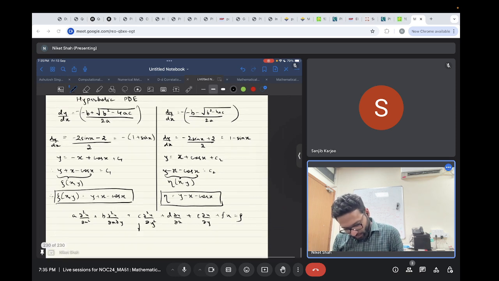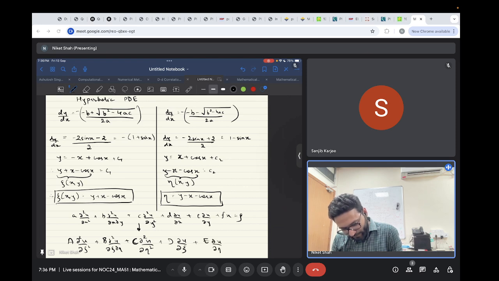When we convert to canonical form, we want to convert it like this: capital A del square u by del zeta square plus capital B del square u by del zeta del eta plus capital C del square u by del eta square plus capital D del u by del zeta plus capital E del u by del eta plus capital F into u is equal to capital G. So we are converting this particular form to this particular form.